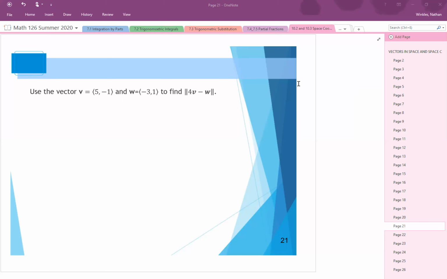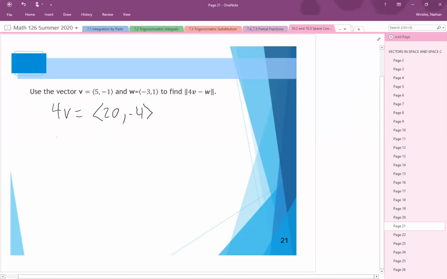So the next thing we're told is to use the vector v of 5, -1 and w as -3, 1 to find the magnitude of 4v minus w. Well, in this case, we want to go ahead and find 4v, which is equal to 20, -4, minus w, which is 3, -1.